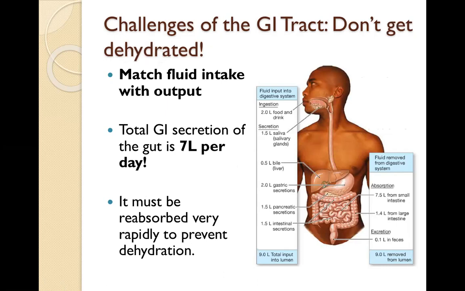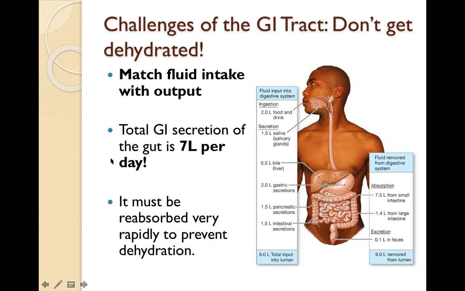Another challenge of the GI tract is trying not to get dehydrated. We have to match our fluid intake with how much fluid is being secreted into the GI tract. The total amount of secretion in our GI tract is 7 liters per day.